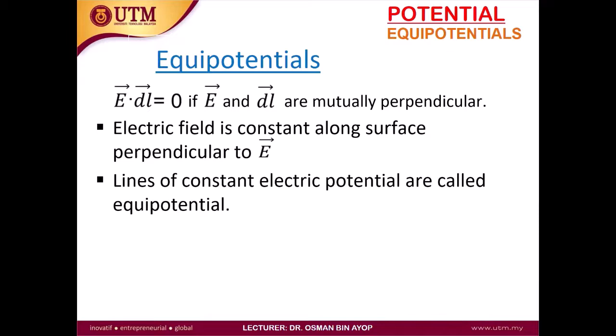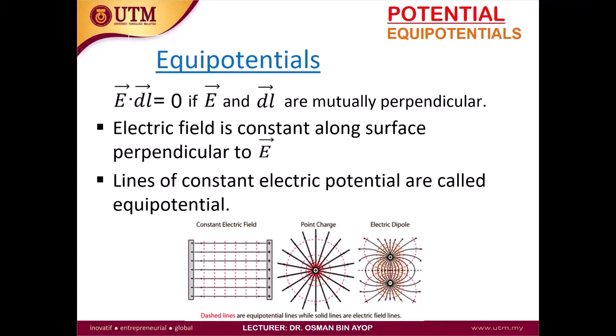Next, the lines of constant electric potential are called equipotentials. This can be explained by using this figure. You have three different figures. In the first figure you have the constant electric field. Let's say you have here the negative Q, and here we have a positive Q. So we have the electric field from positive to negative.